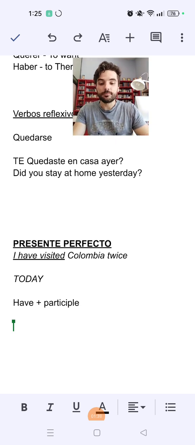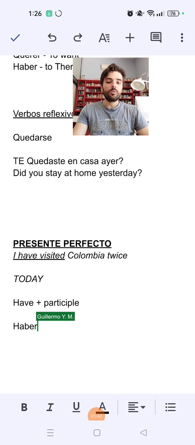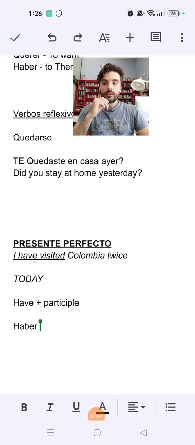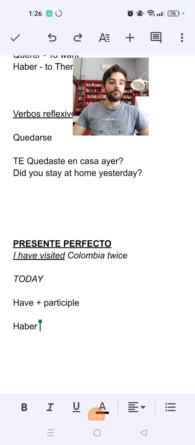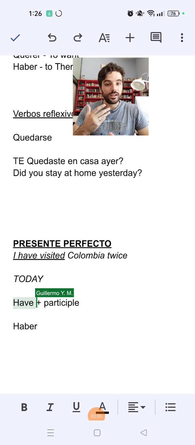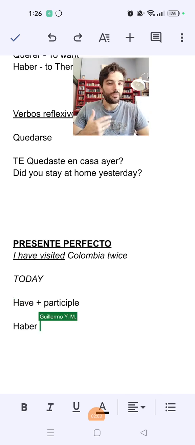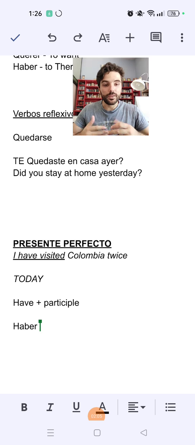Now in Spanish, we do that with verbo haber. We talked about verbo haber before because it's the verb to there be. We use it for there is. Now this verbo haber acts as an auxiliary, like the have. So it doesn't really have a meaning, it's just to build up the verb.